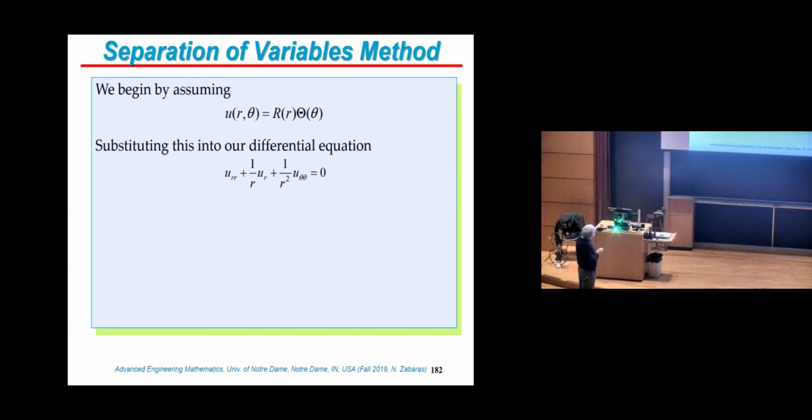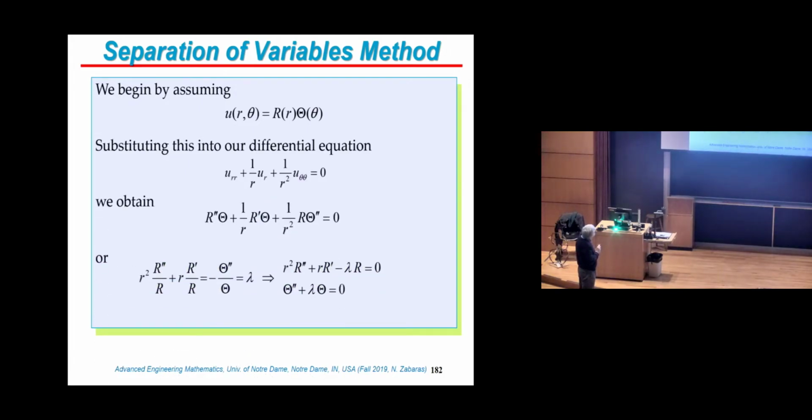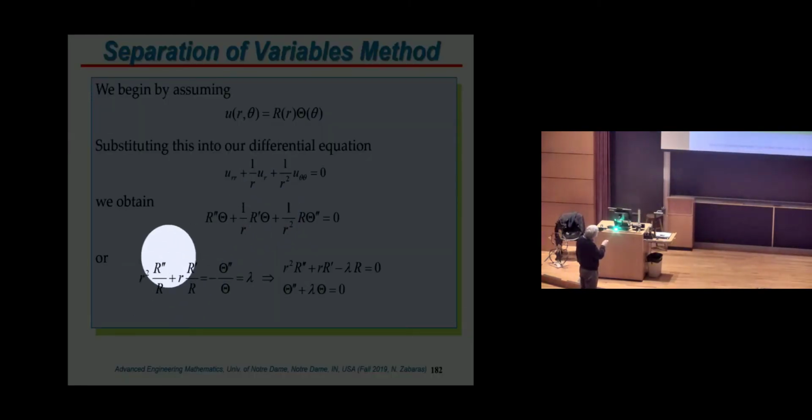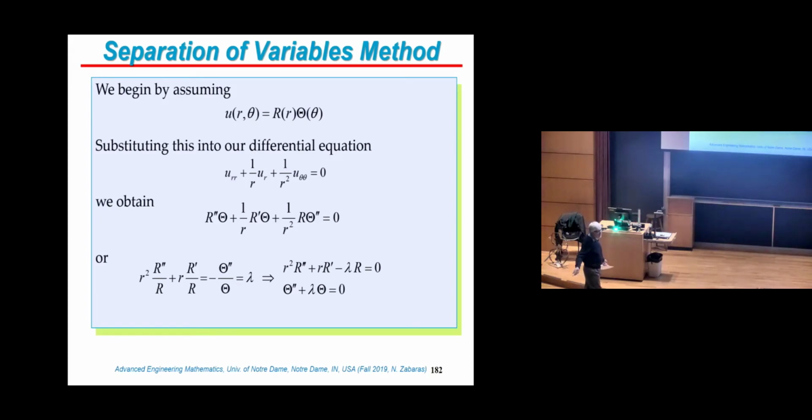We plug it in and separate variables. Everything here is a function of little r, here is a function of little theta, and this is equal to a constant, and I get 2 ordinary differential equations. That's why we study second-order differential equations.